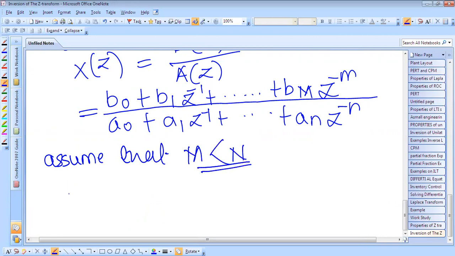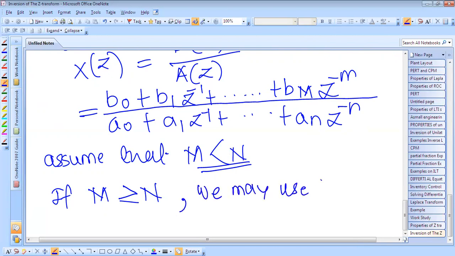But sometimes m is equal to n, or m is greater than n, and then you may use the long division method.